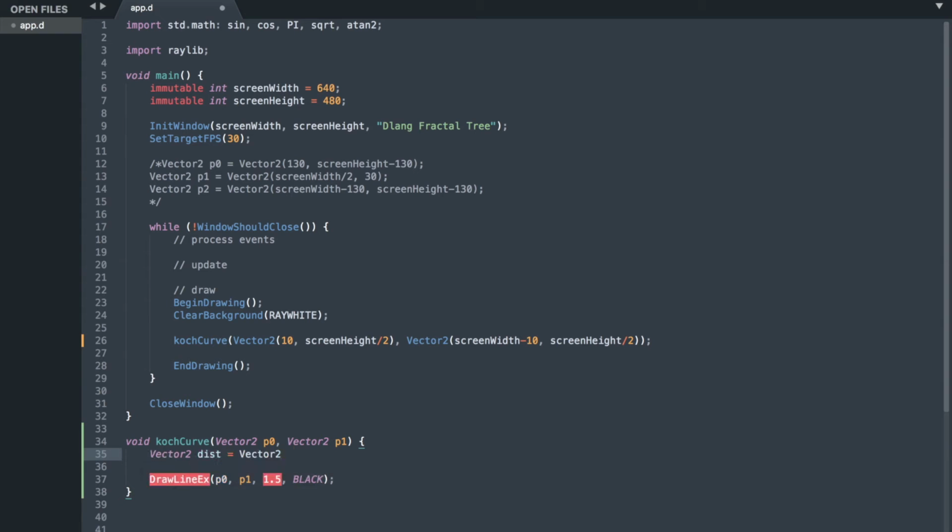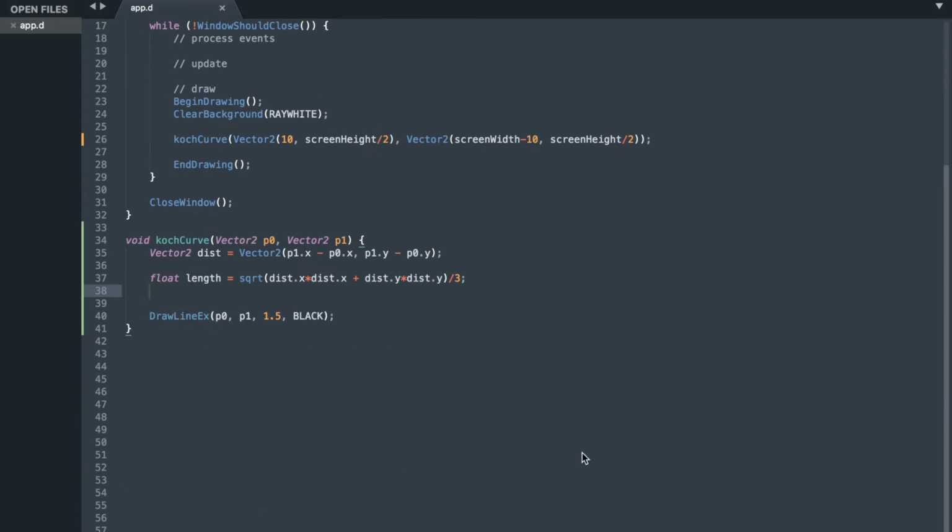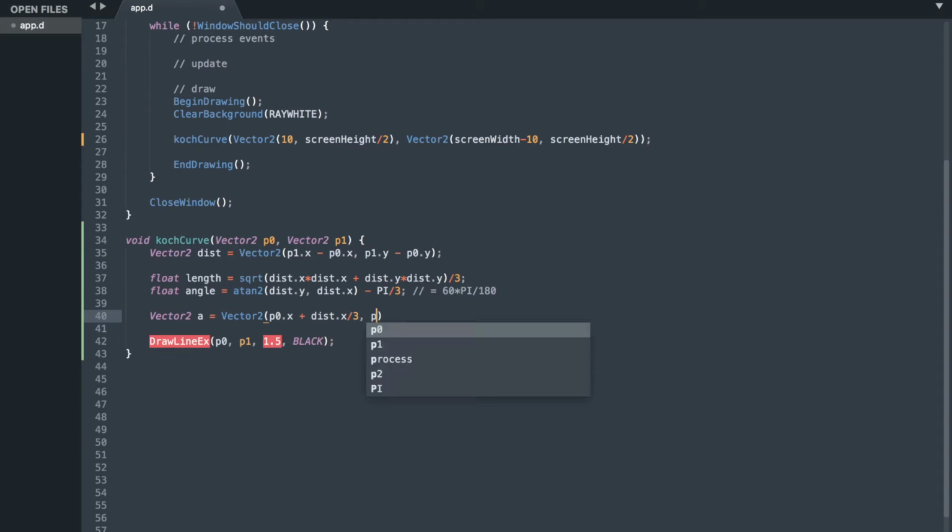First of all, we need to calculate the distance between points P0 and P1. Then, using the formula for vector length, we'll calculate the length of a segment. And finally, we calculate the angle between P0 and P1 and subtract 60 degrees. Point A equals P0x plus distance x divided by 3, P0y plus distance y divided by 3.